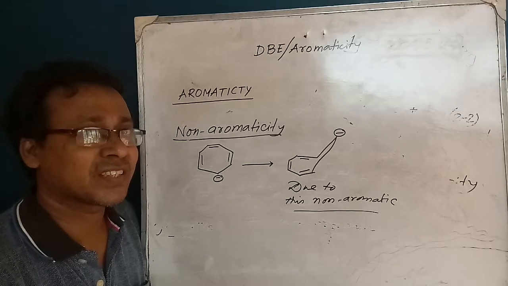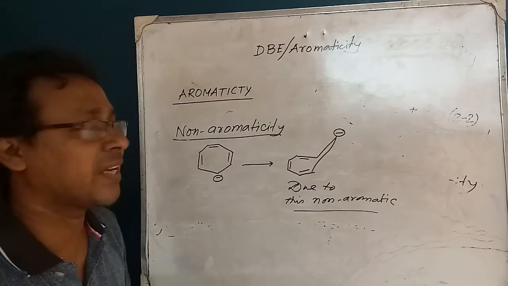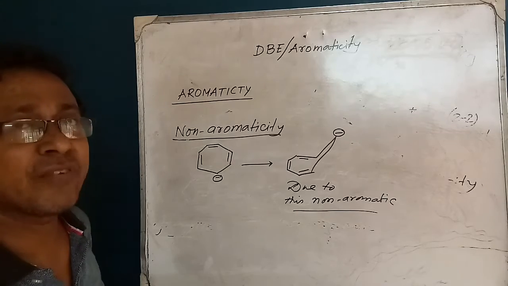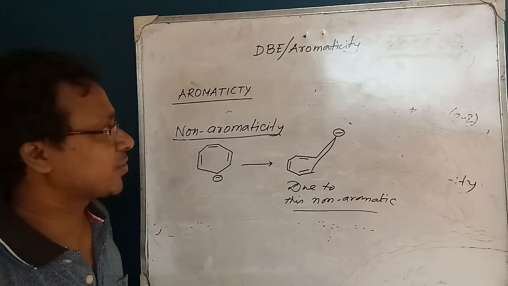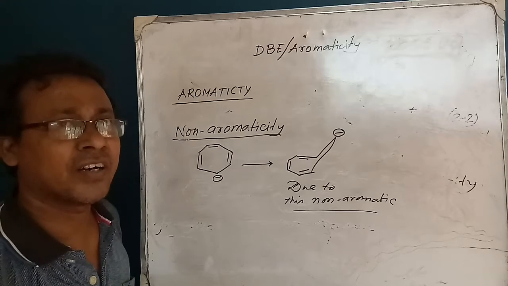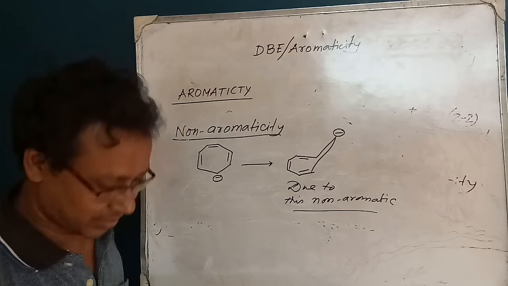That means the shape of the molecule is totally changed, distorted, it becomes out of plane. Then though it may have 4 pi electrons, it will be non-aromatic because planarity is lost.